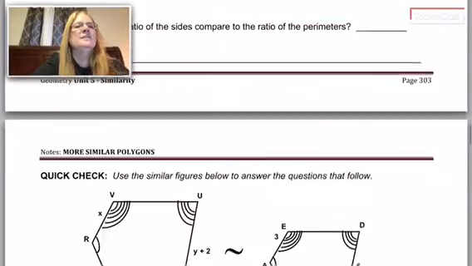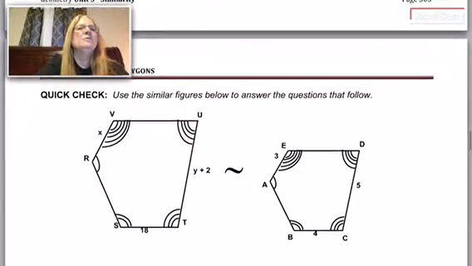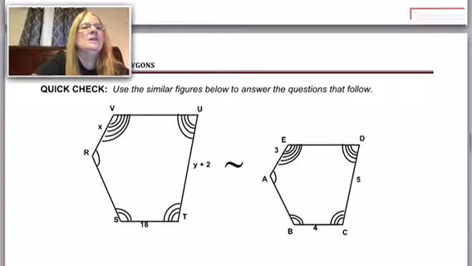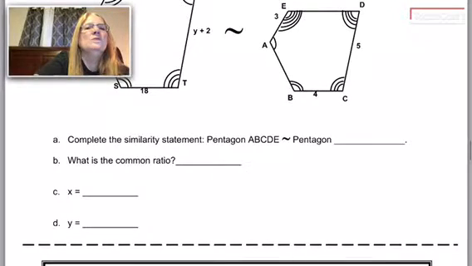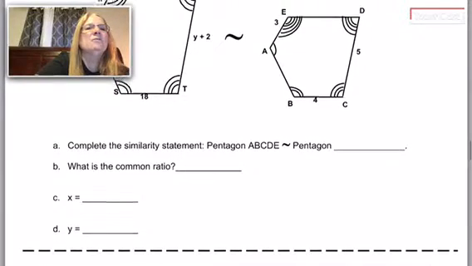Let's look at our next example. It says use the similar figures below to answer the questions that follow. Let's look at the questions. We want to know what's the common ratio, and we want to find x and y.